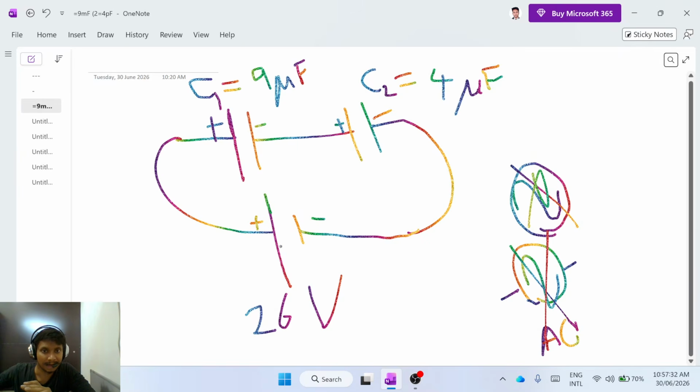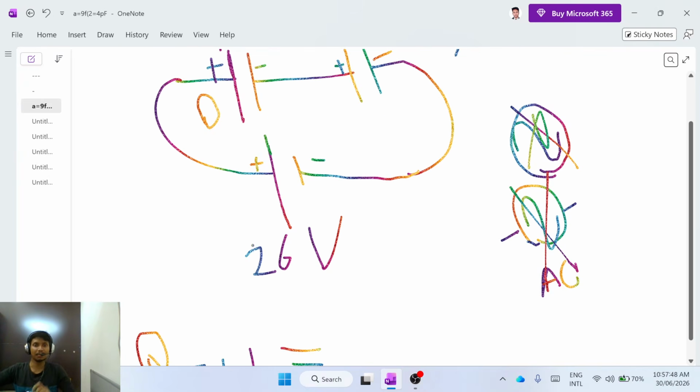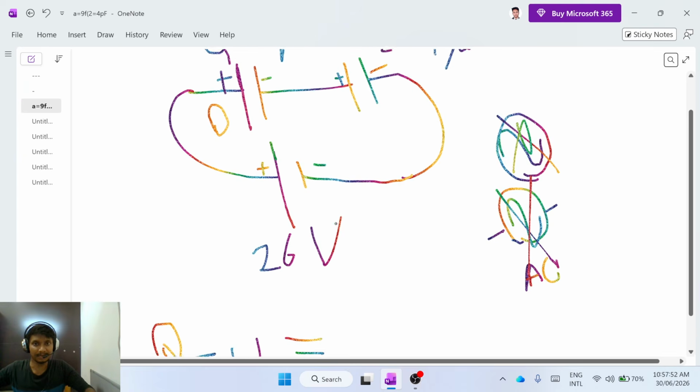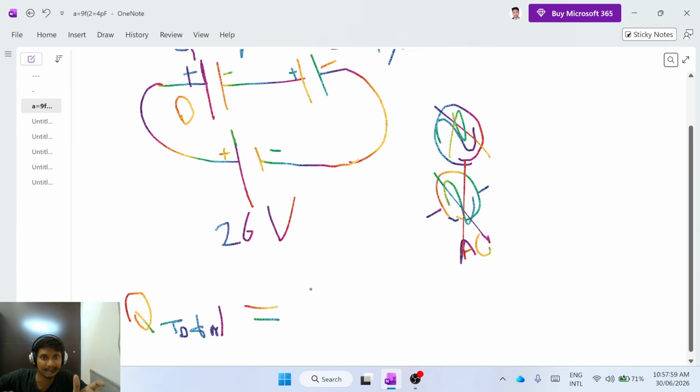Therefore, if the total charge of the circuit is Q total, you must memorize this. This is very important because most students make mistakes in this area.